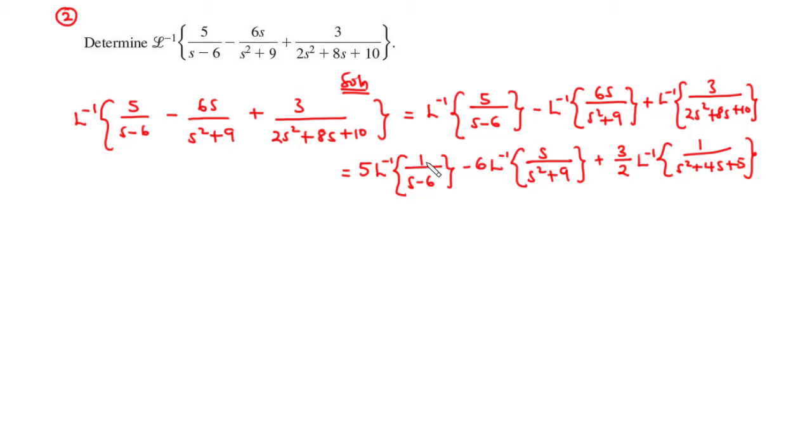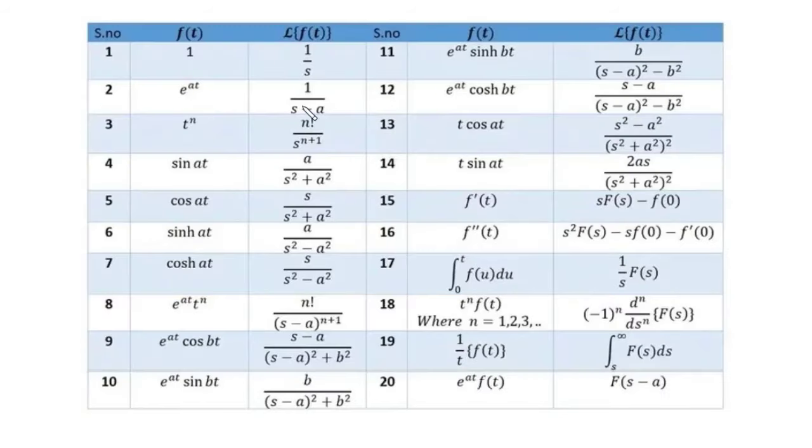Now we are going to find the inverse Laplace transforms of these 3 functions. So first of all, for 1 over s minus 6, we can look out for 1 over s minus a. So we come back to the Laplace transforms table. For 1 over s minus a, we have this time a to be 6.